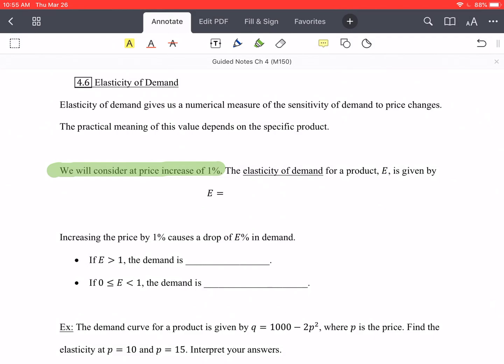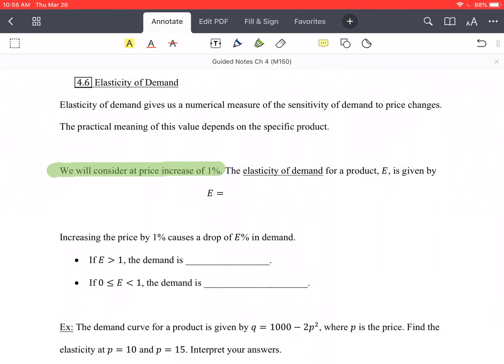But raising the price of a car by $5 is not very much at all, right? If I'm willing to pay $20,000 for a car, I'm not going to scoff at a price of $20,005, right? So the price increase really depends on what the product is. Okay, so instead of working with a specific dollar amount, we're working with a percentage. So say we're increasing the price by 1% of whatever its corresponding value is.